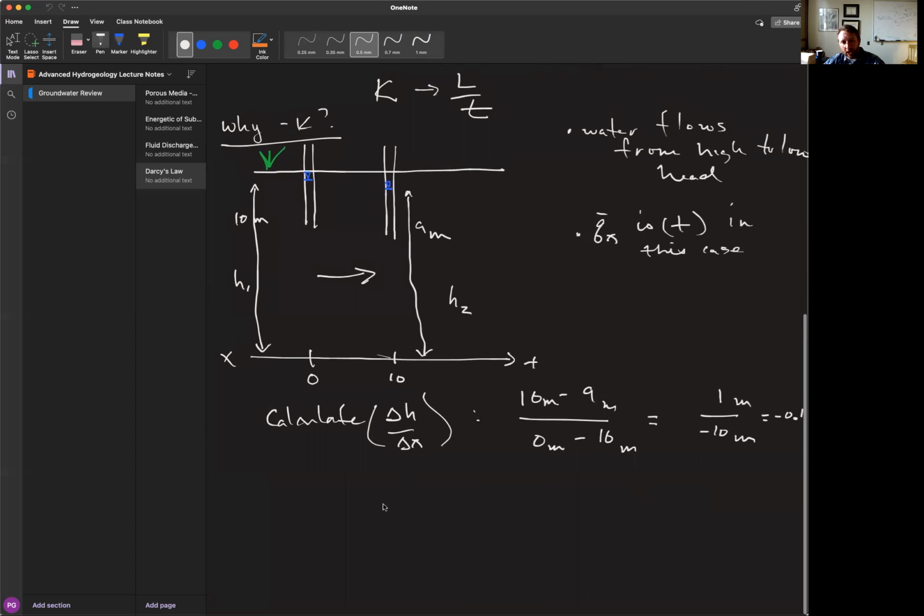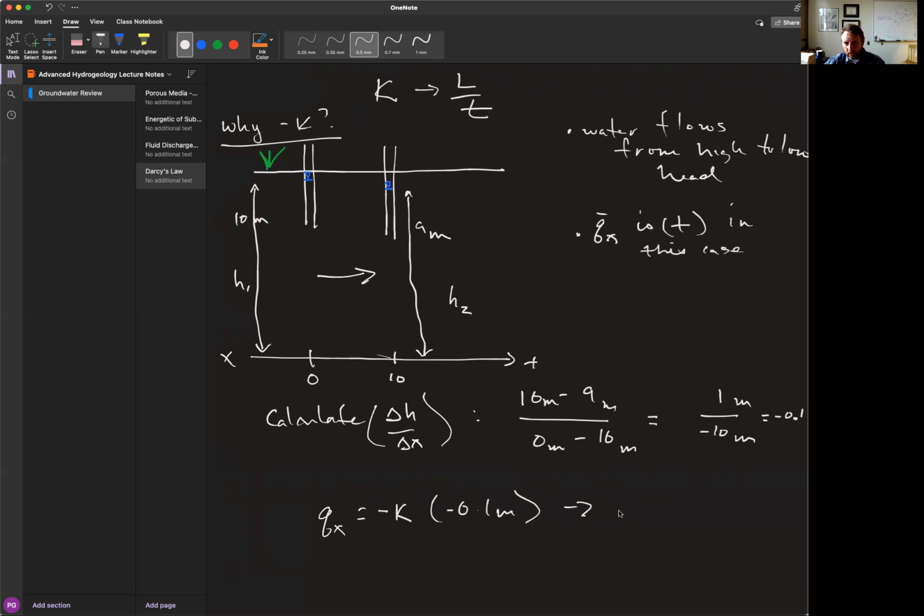So if I know Q sub X must be positive, then it is -K times -0.1 meters.